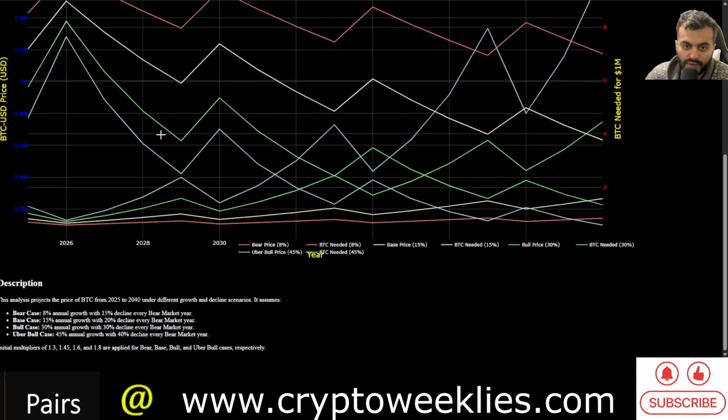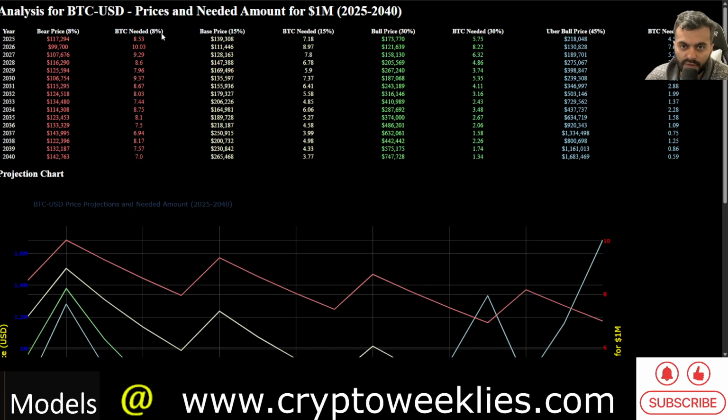So we are also somewhere in this uber bull case, so even higher than that. So the decline in bear market of 2026 could be somewhere close to 50%. That again depends on when Bitcoin tops and what's the price action at end of December of 2025.